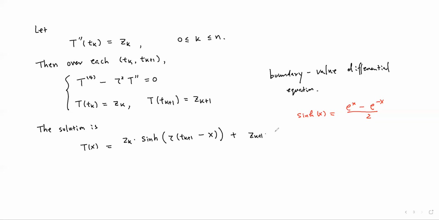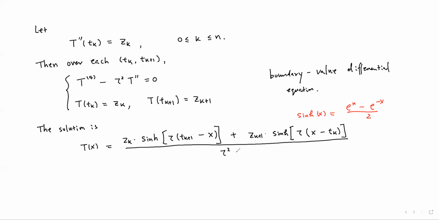Then times sinh, let me use square brackets here, tau times x minus tk, over tau square sinh tau times hk.